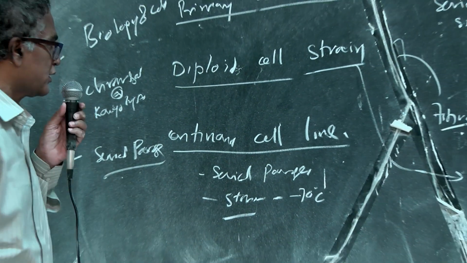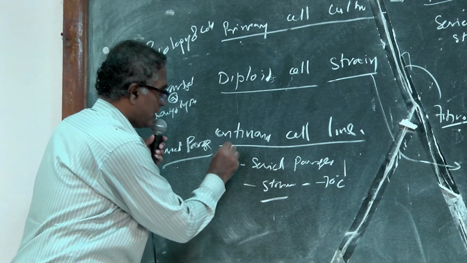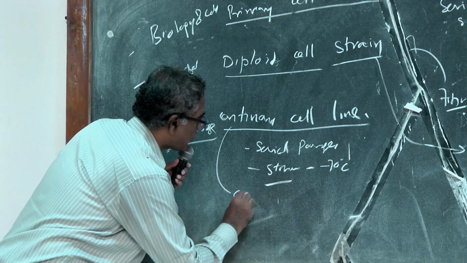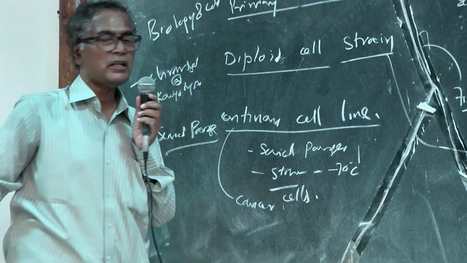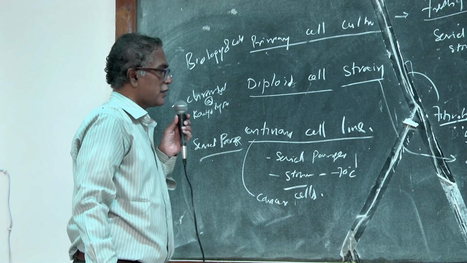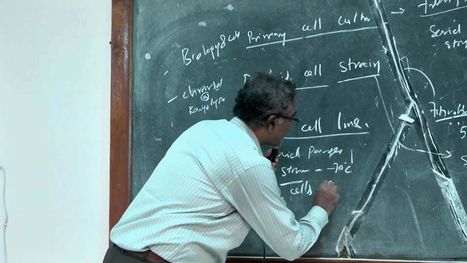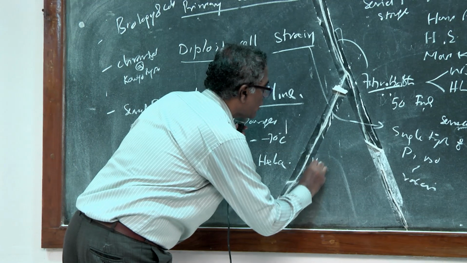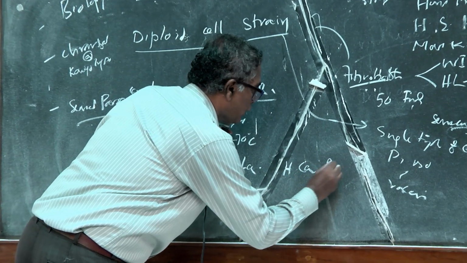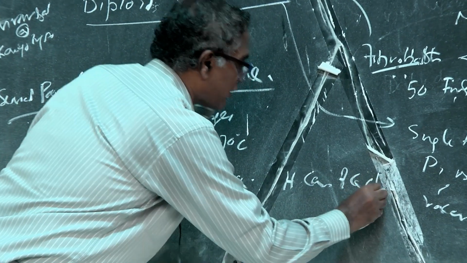Here the individual cells are usually taken from cancer cells, and the examples are HeLa cells, that is, human carcinoma of cervix cell line.